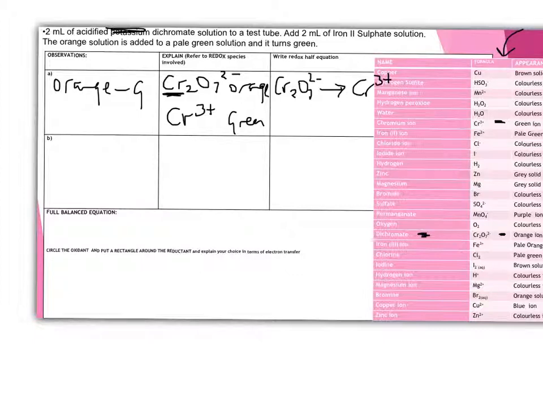Now what was it added to? It was added to iron 2 sulfate. Now remember I told you when you've got iron 2 or iron 3, you ignore whatever it's with. So we're not worried about the sulfate, we're just going to worry about the Fe. So looking down the list, we find Fe2+, and looking down the list, what could it possibly turn into?